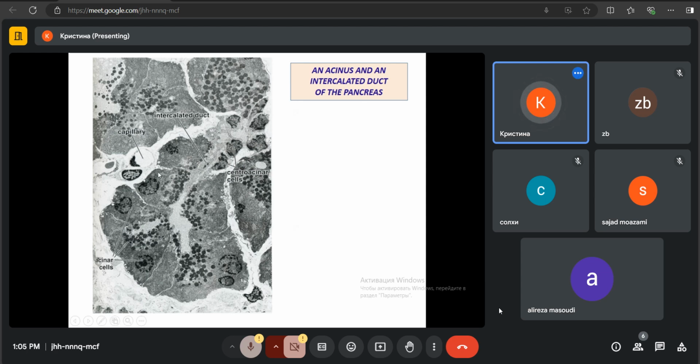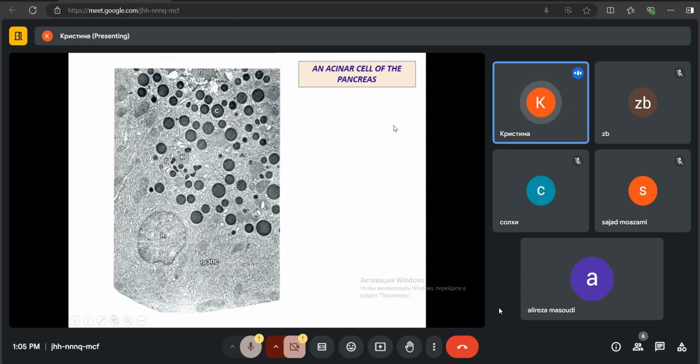They have rough endoplasmic reticulum around the cell nucleus and zymogen granules in the apical portion of the cells. These zymogen granules should be released here into the lumen of the acinus. Here in the acinus starts the intercalated duct. It starts with centroacinar cells.